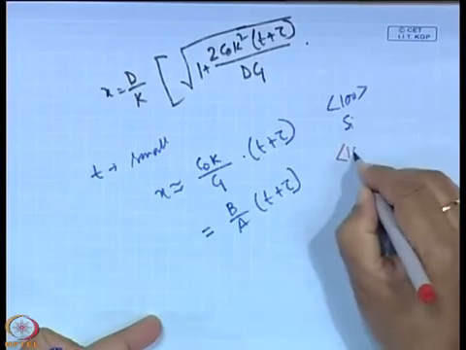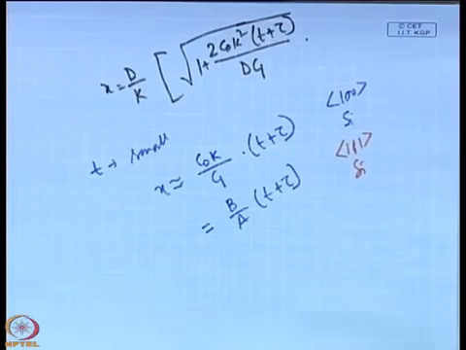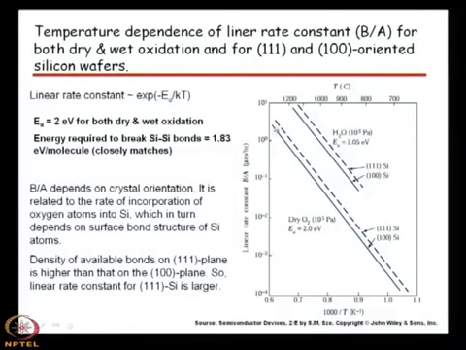Both types of crystal orientation have been used for the growth of the oxides, and some interesting features we shall now discuss. This is the temperature dependence of the linear rate constant B by A for both dry and wet oxidation for 111 and 100 oriented silicon wafers.